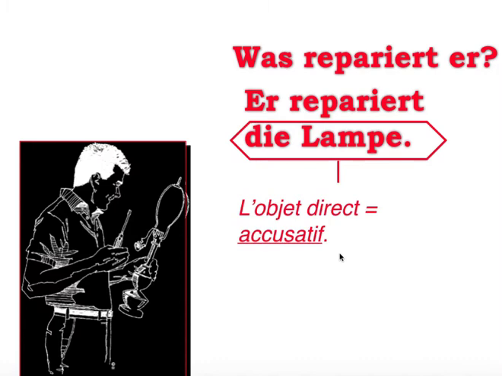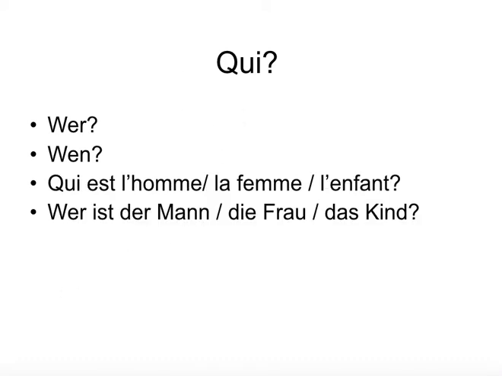Now, the last couple of slides are especially meant for French speakers, because in English, actually, there is a difference between who and whom, but in French, for wer und wen, who and whom, you only have qui. Let me show you what I mean. Qui est l'homme? Qui est la femme? Qui est l'enfant? L'homme, c'est mon père.